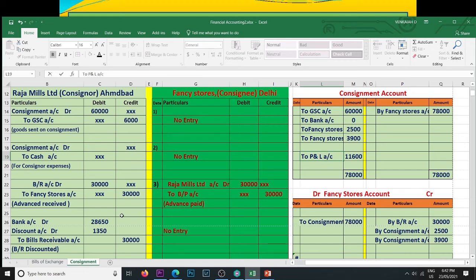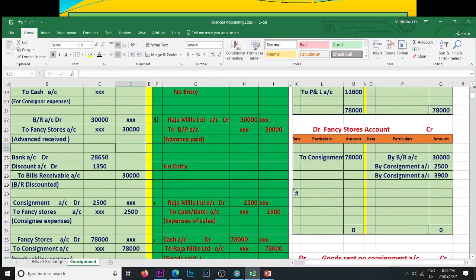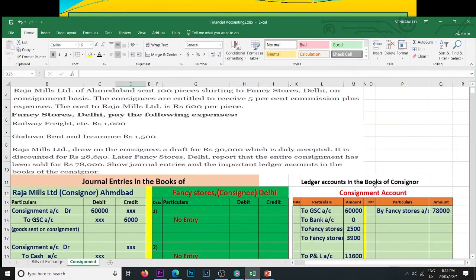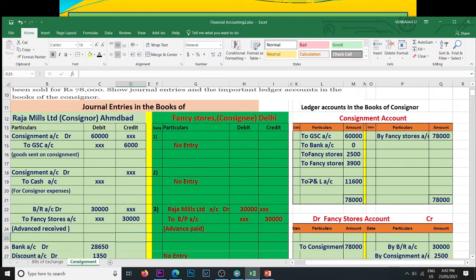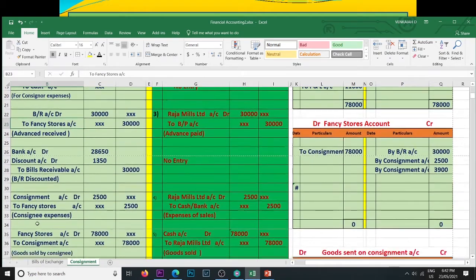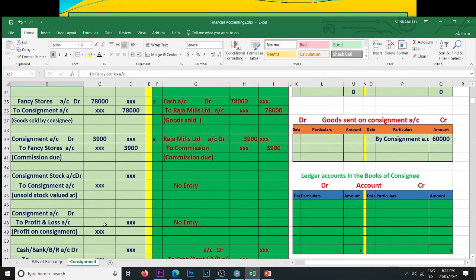That entry I already posted in the books of consignor. Entry is consignment account debit to profit and loss account. So that's why I would write consignment account debit to profit and loss account 11,600.